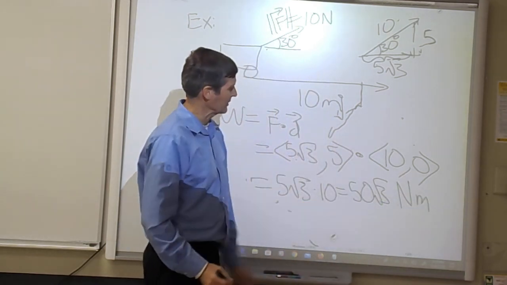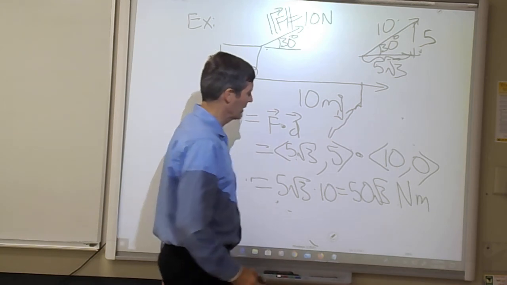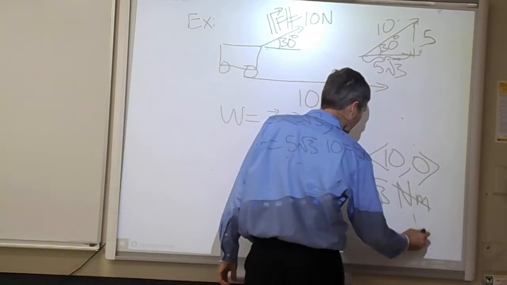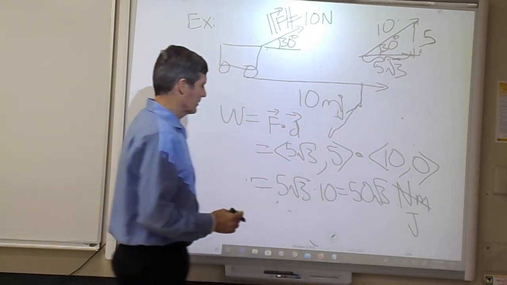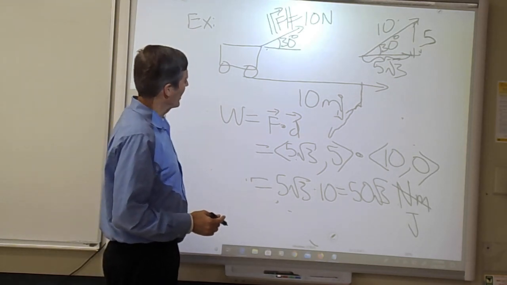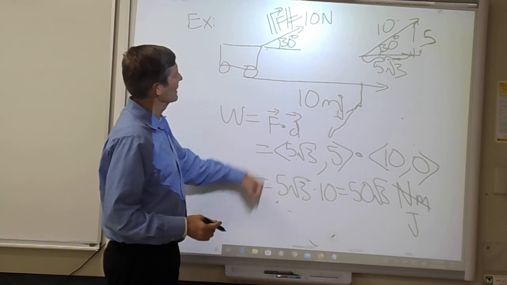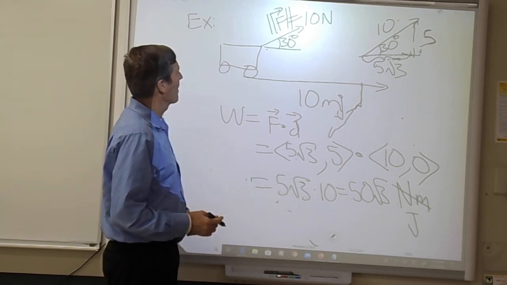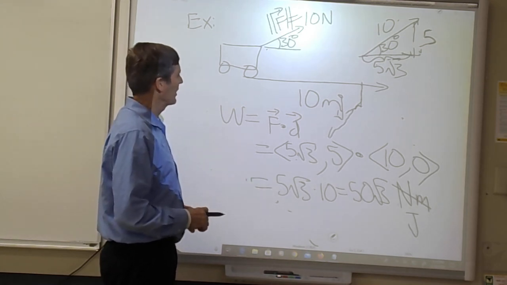Force times distance is the units. That's clumsy to write all the time. People write this instead as joules, J. So 50 square root 3 joules is the work done by the child to pull the wagon 10 meters, pulling at an angle of 30 degrees with a 10 newton force.